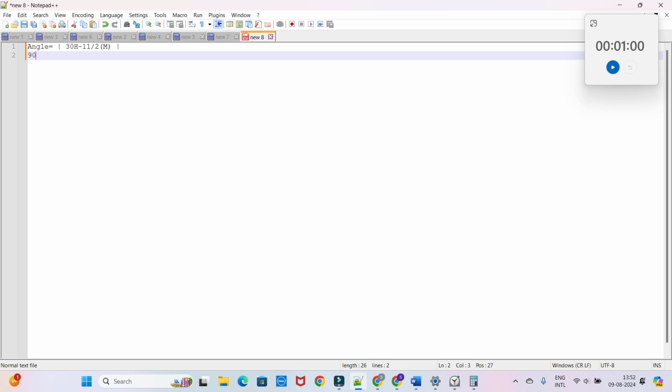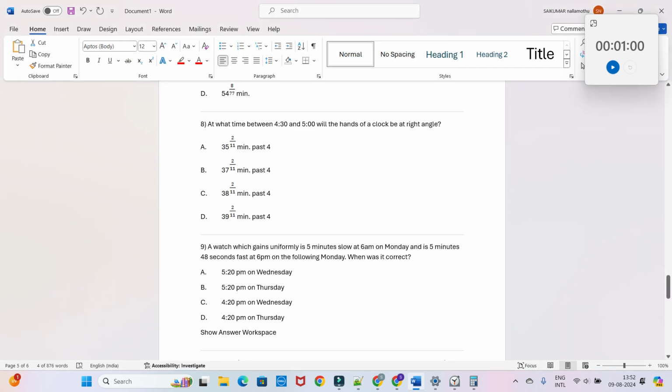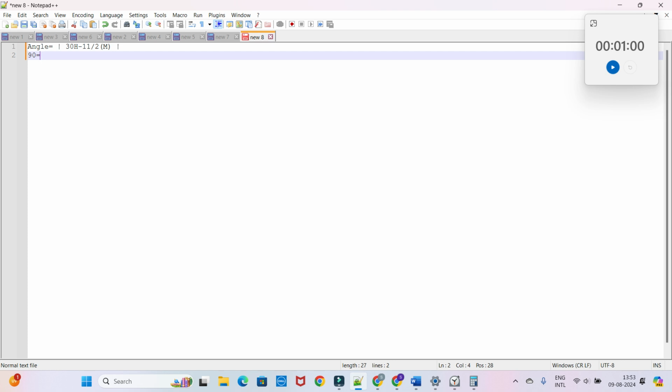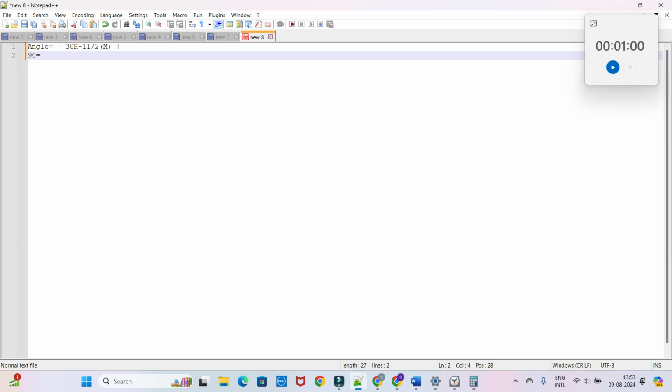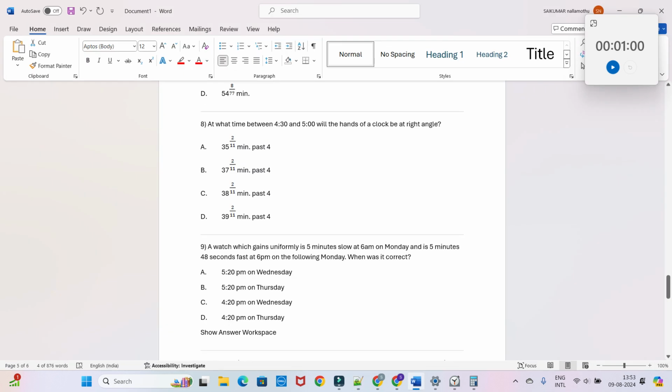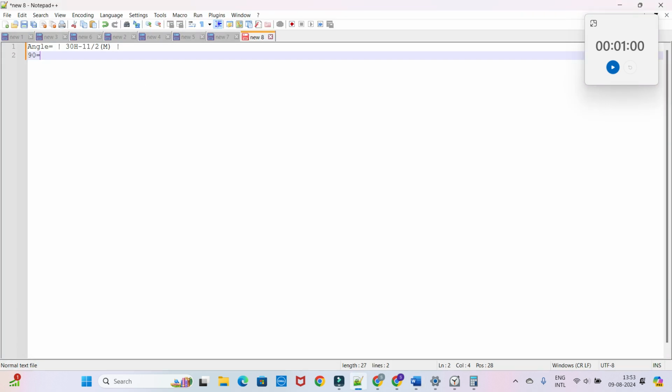They have given that we need to find 90 degrees, that is 30, and they mention the time is between 4:30 and 5 p.m., after 4:30. We can find it in a simple way.